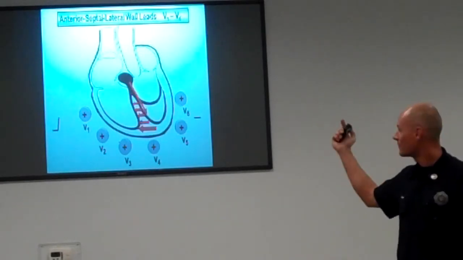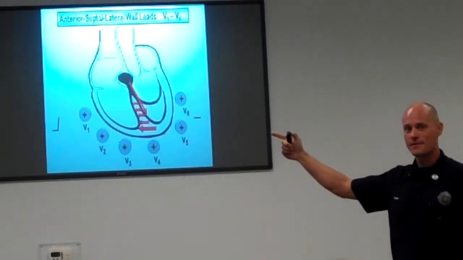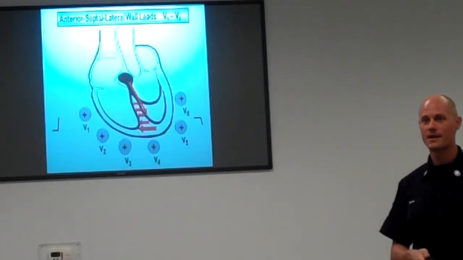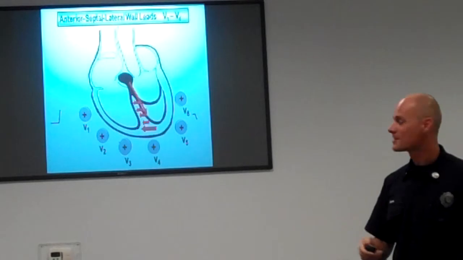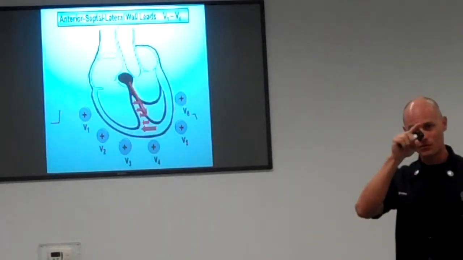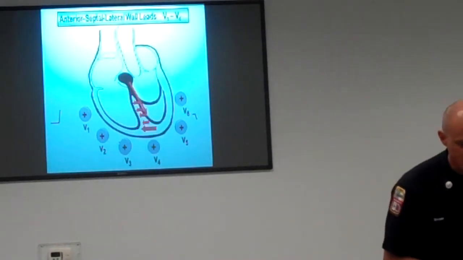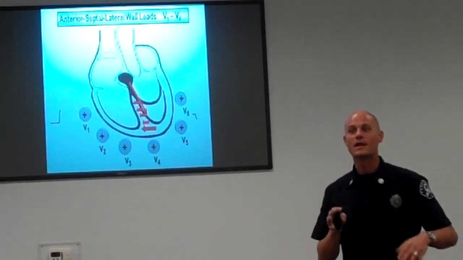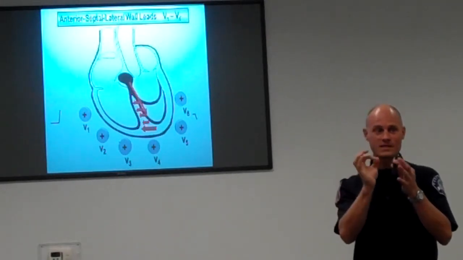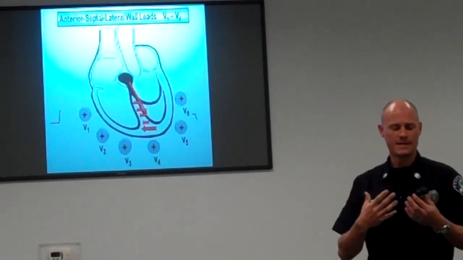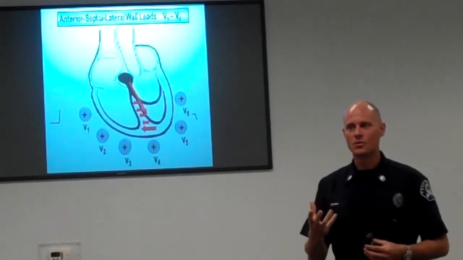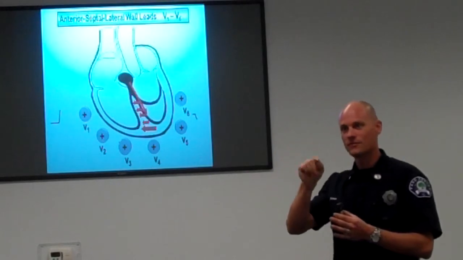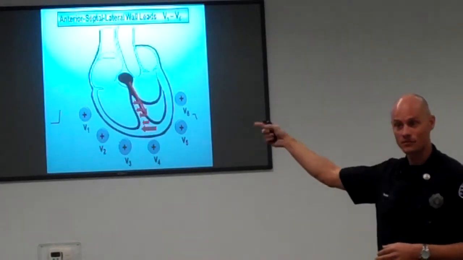Which direction is the electrical impulse going? Exactly. It's going away, so you get your negative deflection. So that's why V5 and V6 will typically have a little Q wave in front. I'm not sure if this one does. If it does have a slight one, then good. Sometimes it won't, because of improper placement or because of the intensity of the electrical impulse at the time or whatever. But it's normal to have a little downward deflection in V5 and V6 because of that electrical impulse.